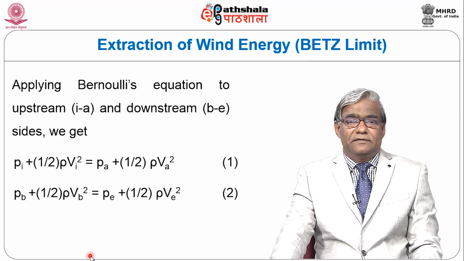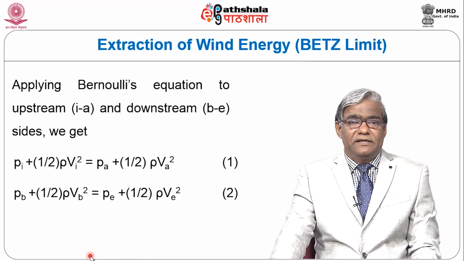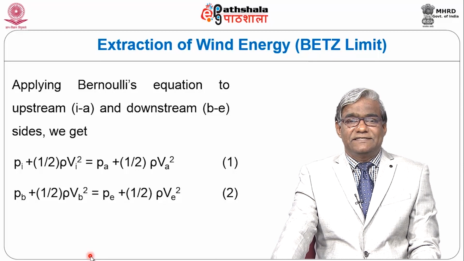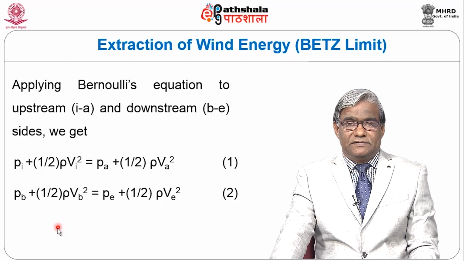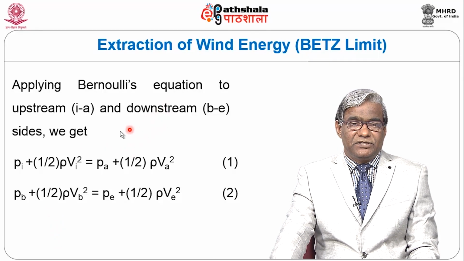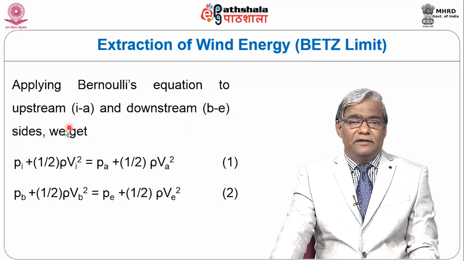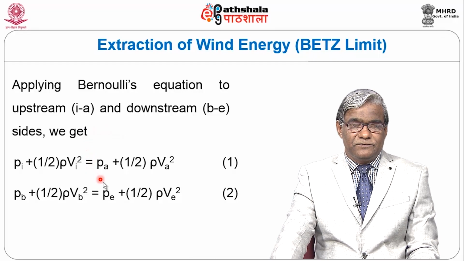And here, to arrive at the Betz limit, we are applying Bernoulli's equation. So, from Bernoulli's equation the Betz limit is arrived at. Applying Bernoulli's equation to upstream, that is I to A, and downstream, B to E. This is the upstream and this is the downstream segment, and on both sides we apply Bernoulli's equation.